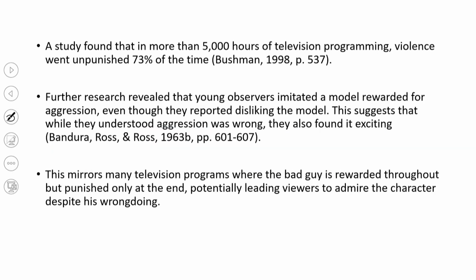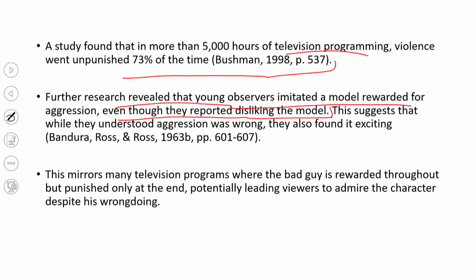A study found that in more than 5,000 hours of television programs, violence went unpunished 73% of the time. That was again 1998 data. In a lot of these programs, 73% of violence was not punished. Further research revealed that young observers imitate a model rewarded for aggression, even though they reported disliking the model.